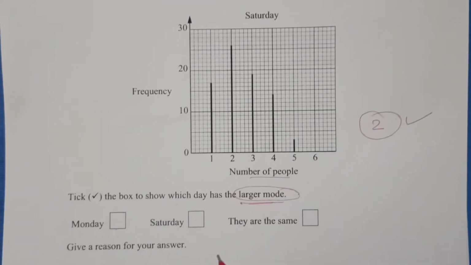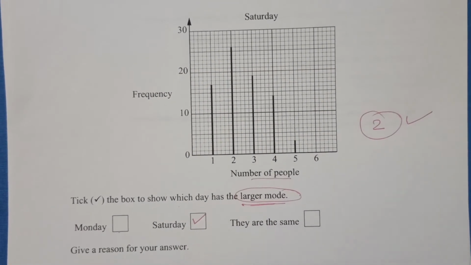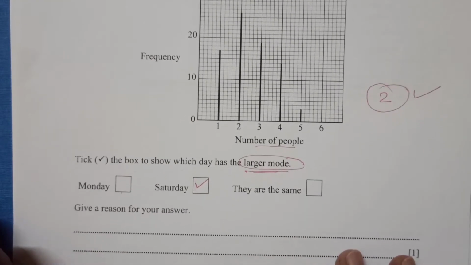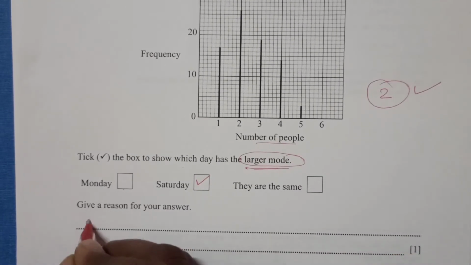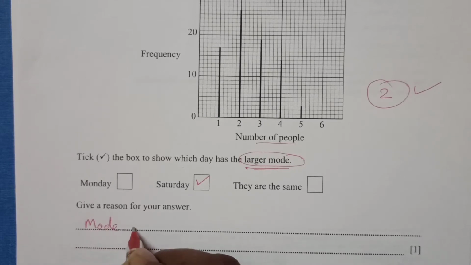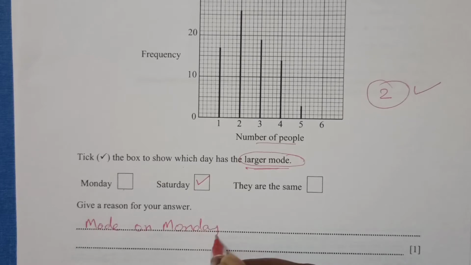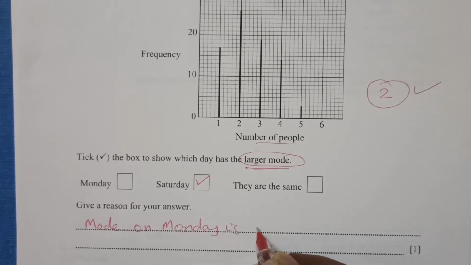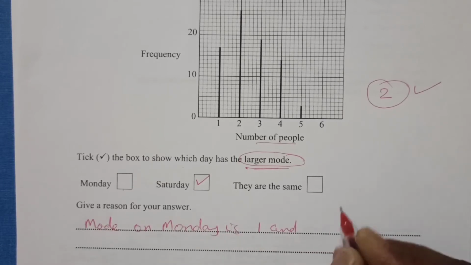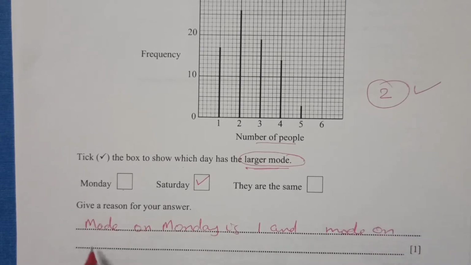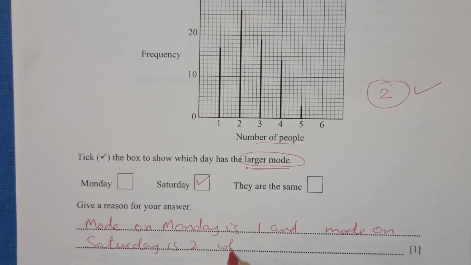So we are going to tick Saturday, and to support our answer we will write down here that mode on Monday is 1 and mode on Saturday is 2, which is greater.